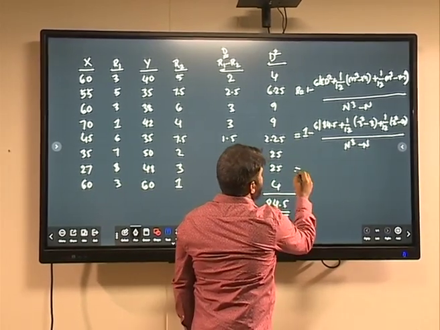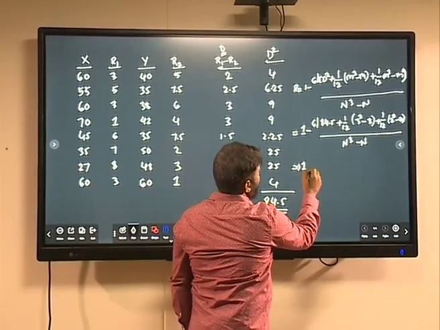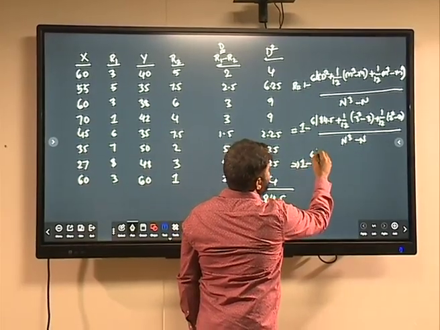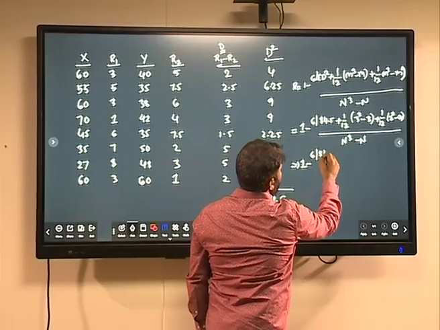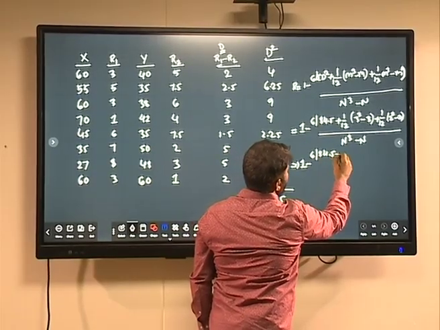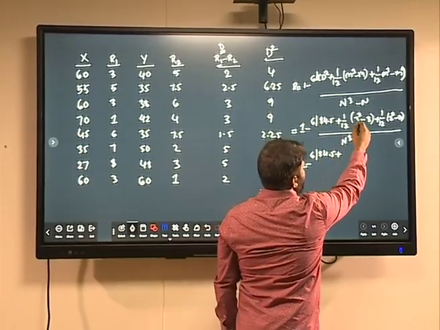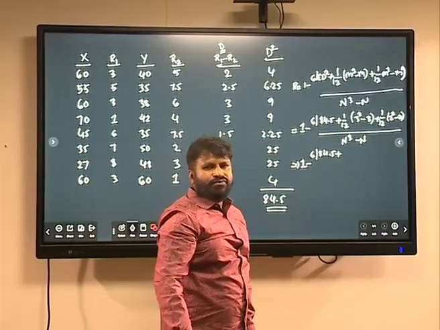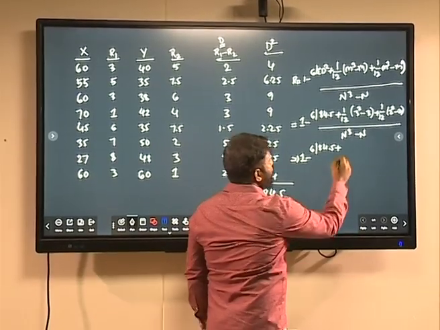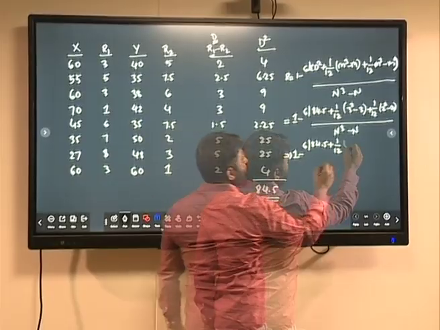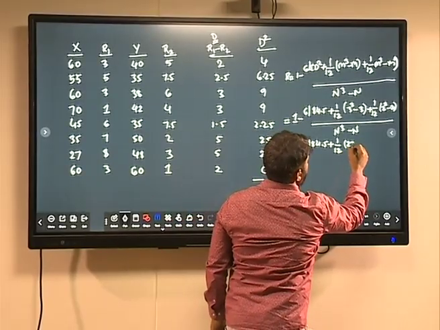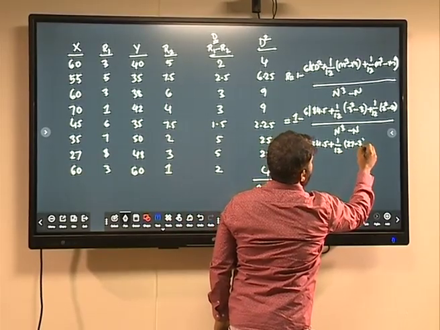So just simplify this data, 1 minus 6 into 84.5 plus, 3 cube is 27, so 1 by 12 into 27 minus 3.